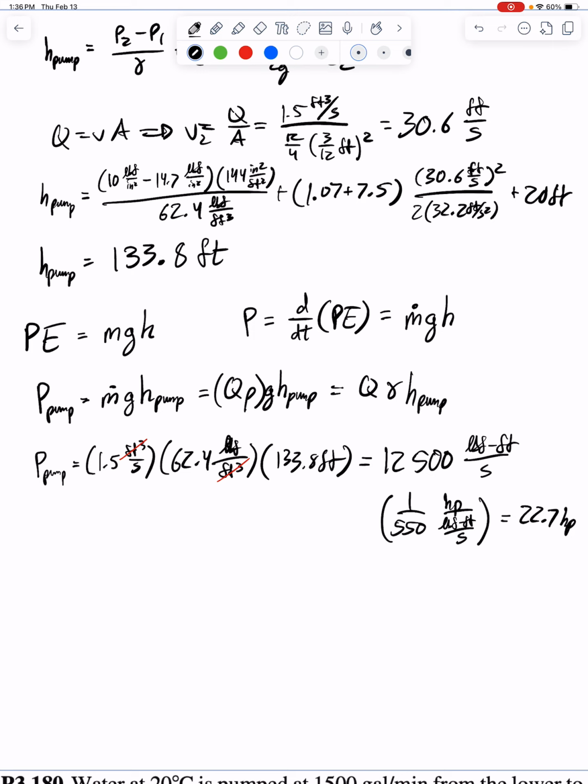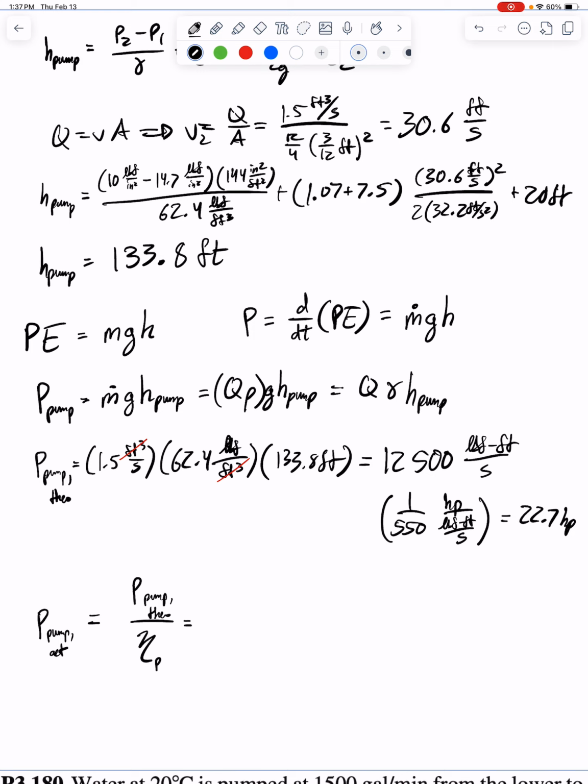However, once again, keep in mind our pump is working at 80% efficiency. So what we calculated is actually the theoretical power of the pump. If we want to get the actual power of the pump, we have to divide the theoretical value by the efficiency, because the real value will be higher.